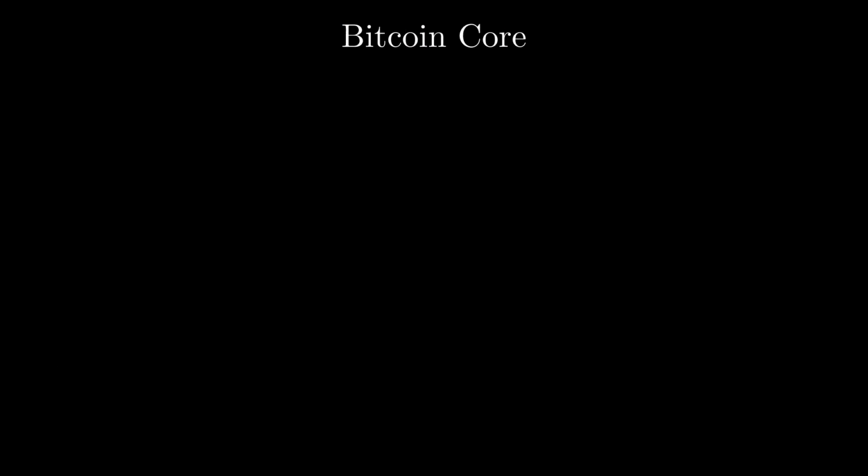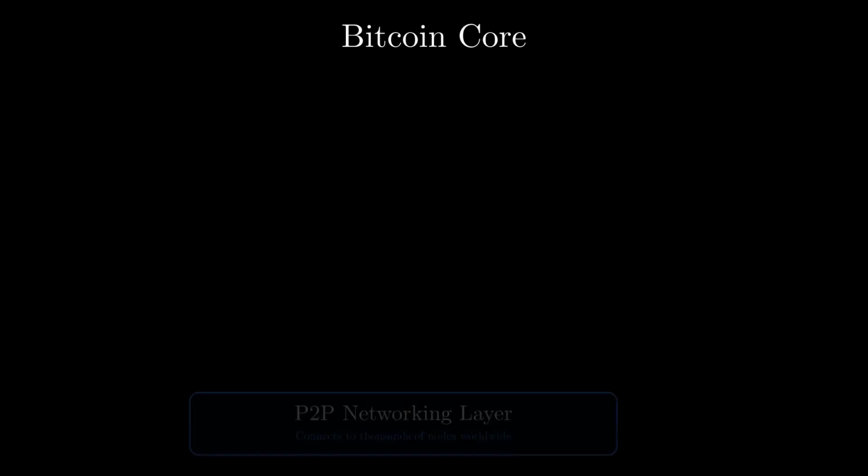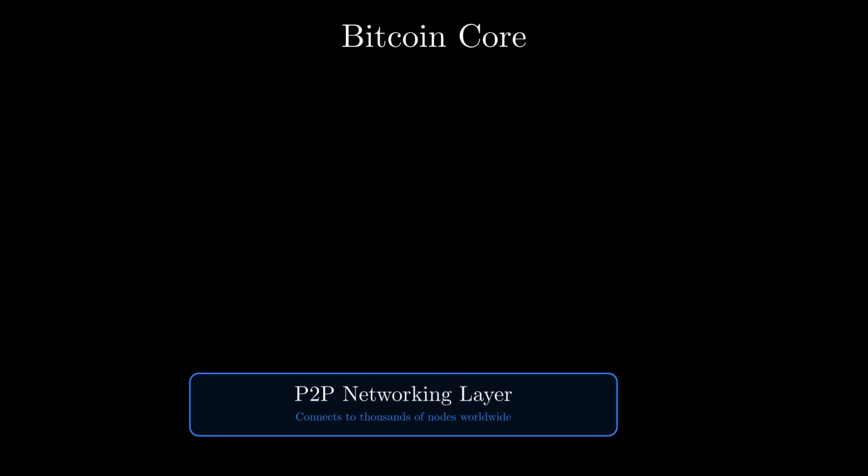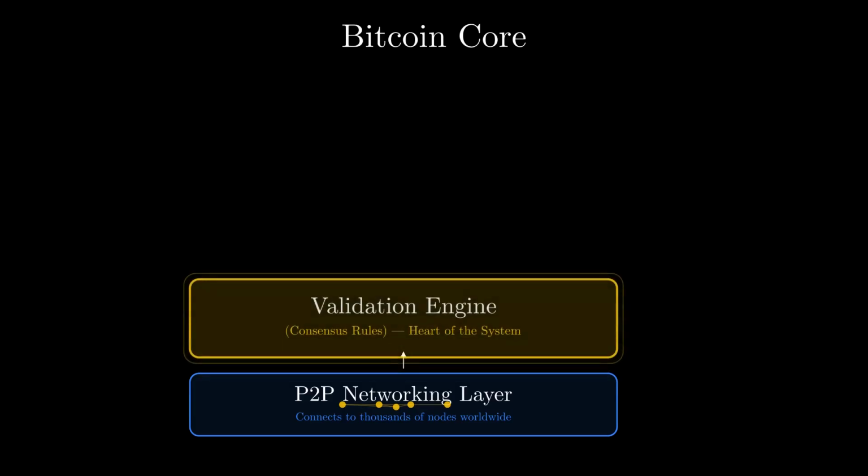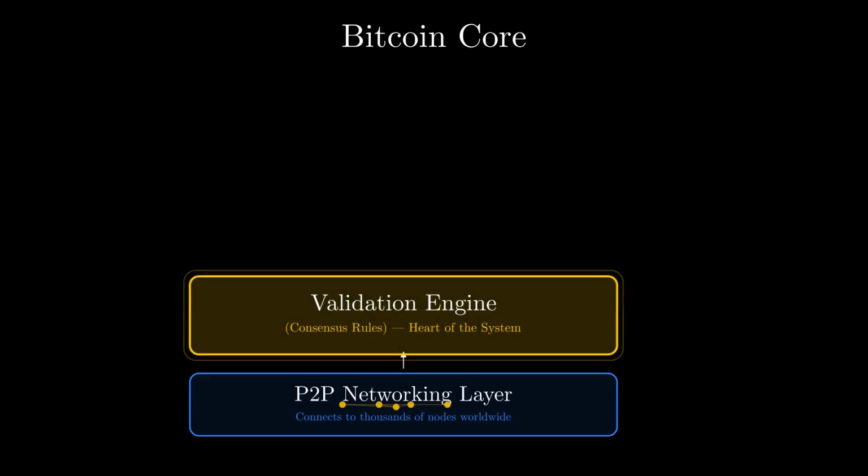Four major components live inside Bitcoin Core. At the base, the peer-to-peer networking layer. This connects your node to thousands of other nodes worldwide, transmitting blocks and transactions across the network. Above that sits the validation engine, the heart of the entire system.